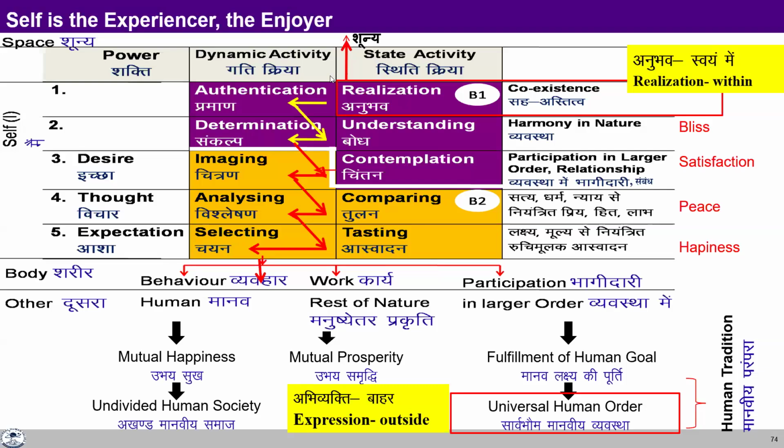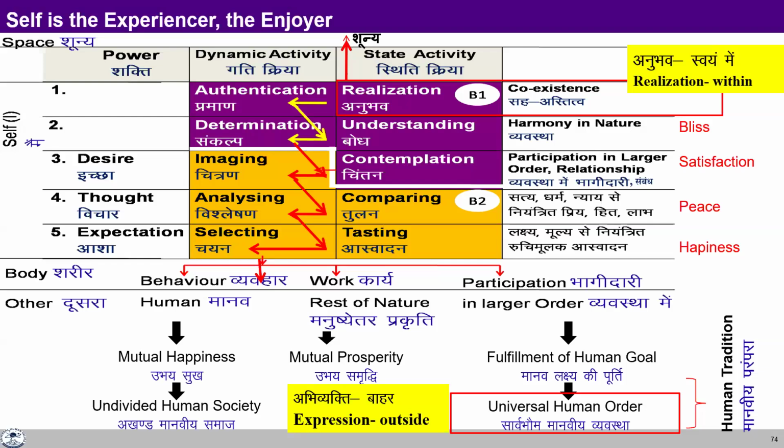Sir, I want to ask the question about tasting. About tasting, aswadan. Okay. Can you elaborate more on this? Yeah, it is an activity within me. So I may taste happiness, I may taste unhappiness. Presently we are trying to taste happiness through sensation or some favorable feeling from other.